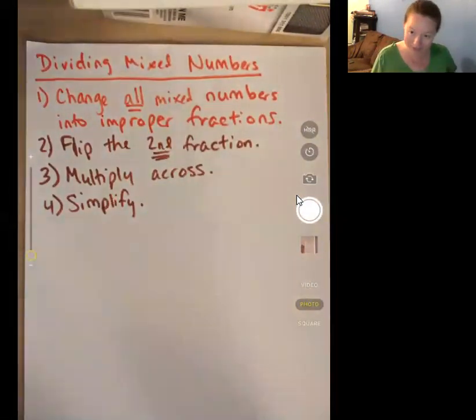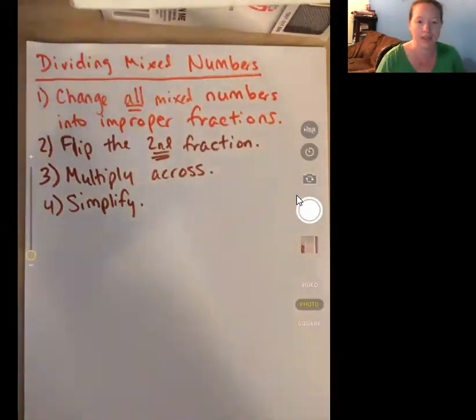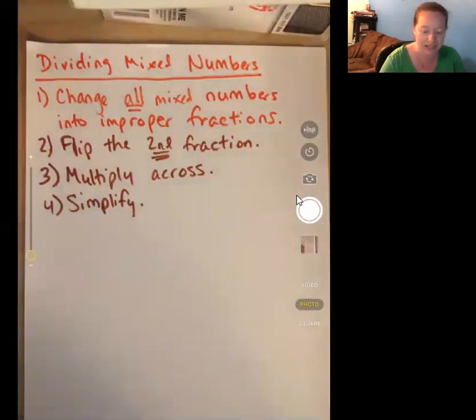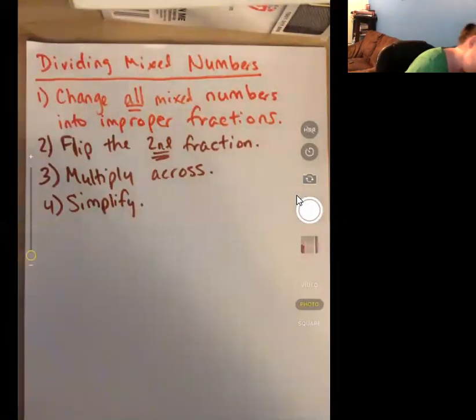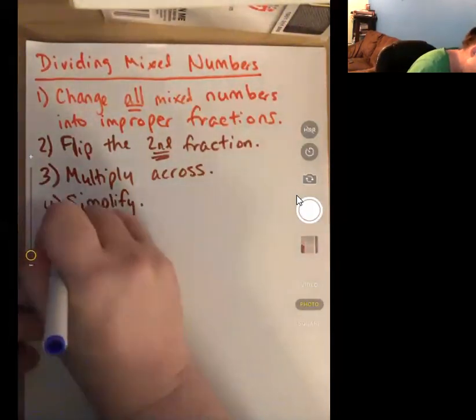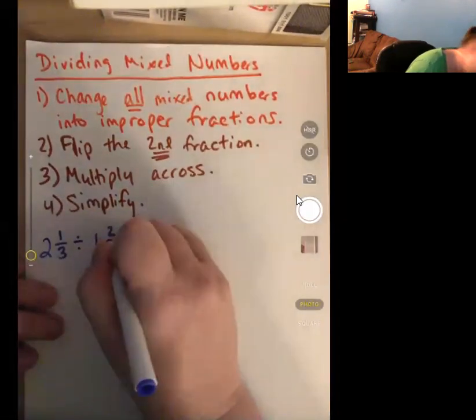So the only thing that is different between dividing and multiplying with mixed numbers is number 2, where you flip the second fraction. Otherwise, you end up doing exactly the same thing for both of them. Let's look at an example: 2 1/3 divided by 1 2/5.